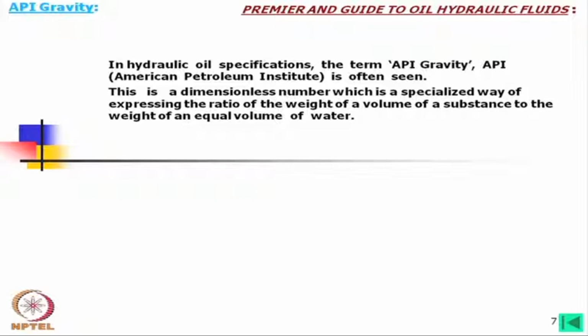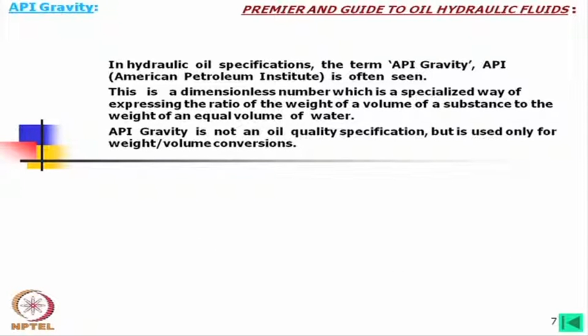So, this gravity of oil is called API gravity, and it is specified because it is required for different calculations. Practically, API gravity is not an oil quality specification, but is used only for weight and volume conversion.